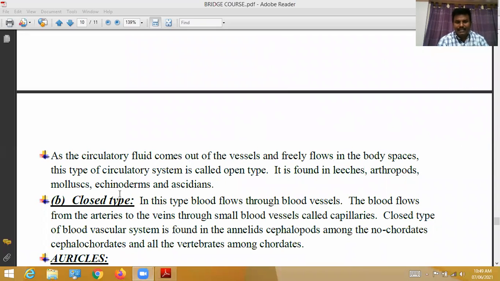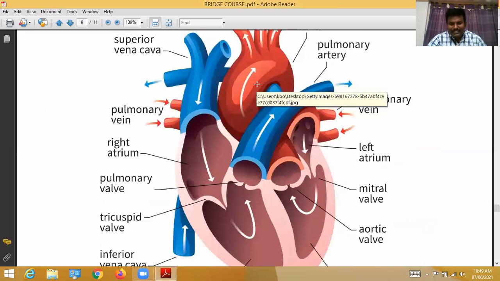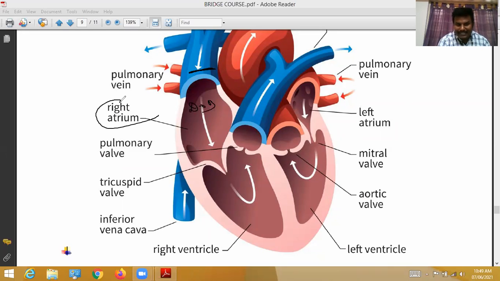Now the closed type of circulatory system. In this type, the blood flows through blood vessels. An example is the human being. From all the body parts, the superior vena cava and inferior vena cava, those caval veins, bring deoxygenated blood to the right auricle.